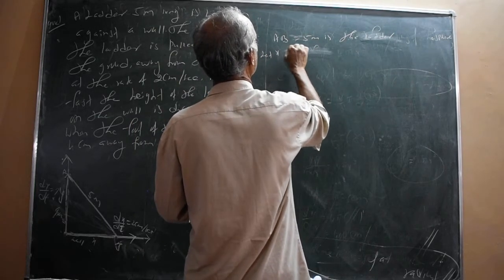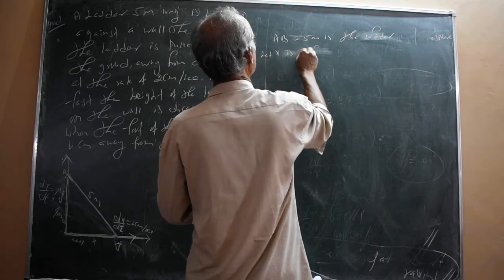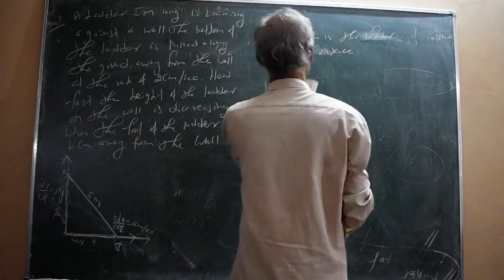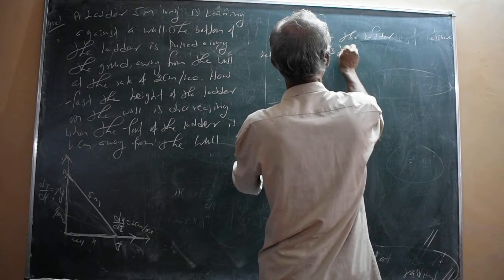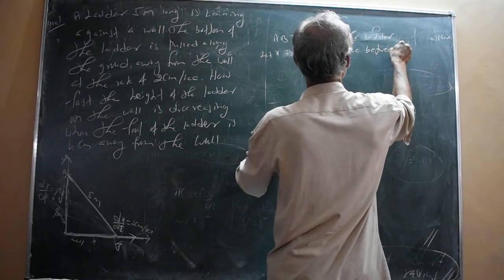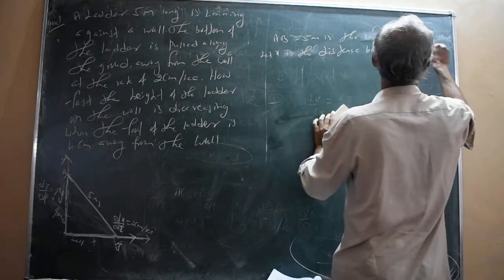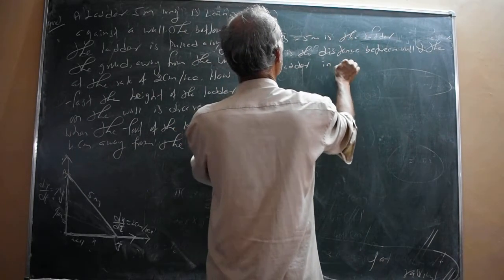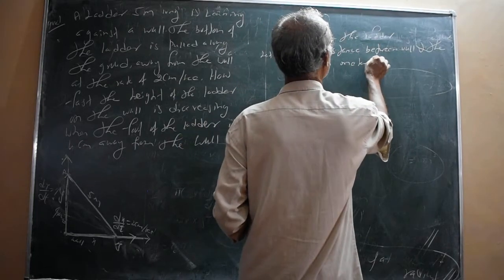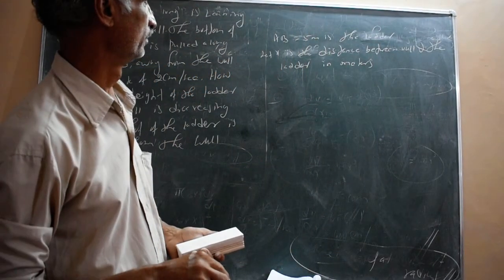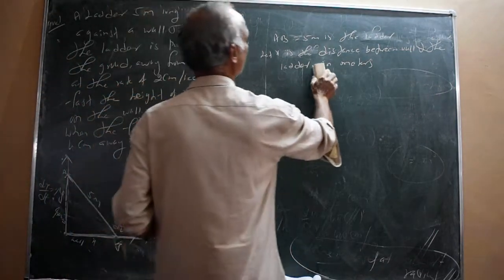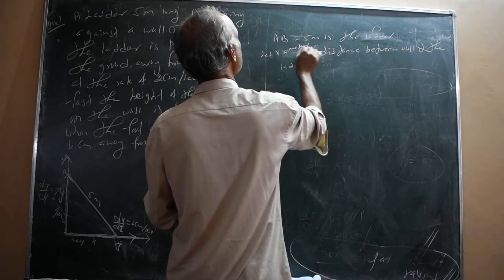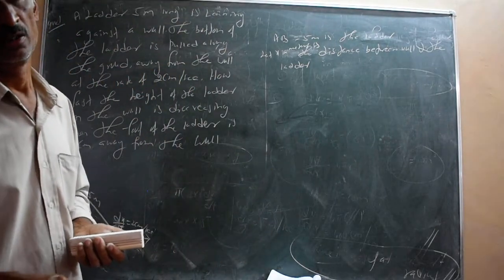X in meters. X is the distance between the wall and the ladder, in meters. Here let us take x in meters.